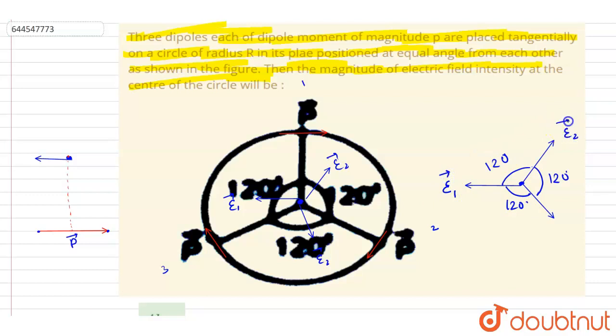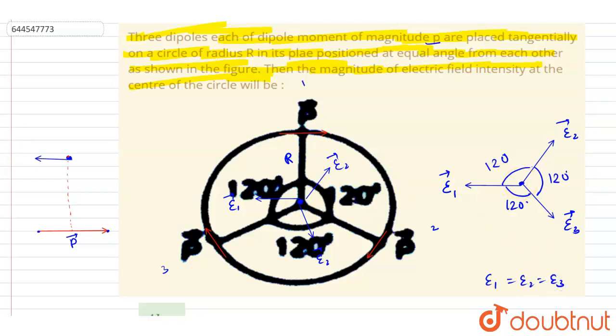As we already mentioned, the magnitude will be the same because each dipole has dipole moment P, and the distance from the tangential point to the center is r. So E1 equals E2 equals E3.